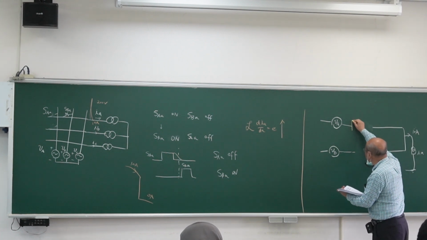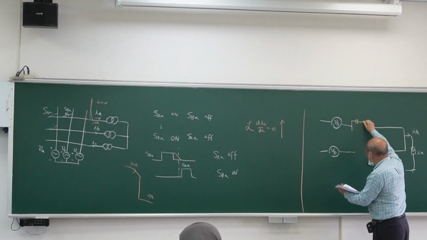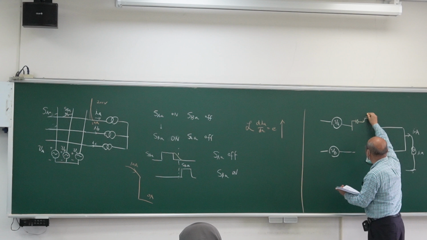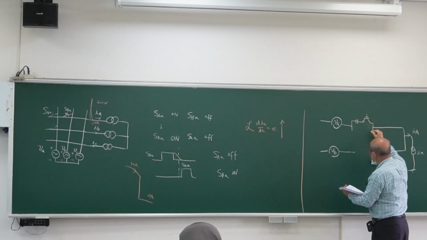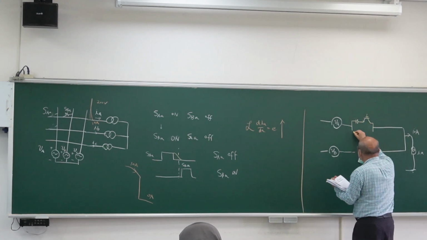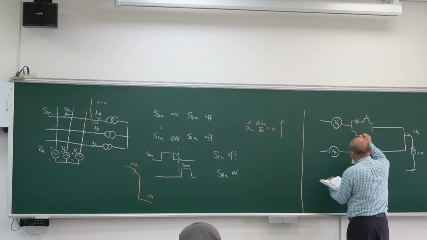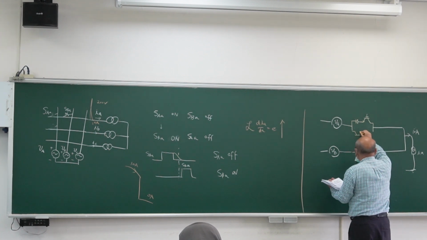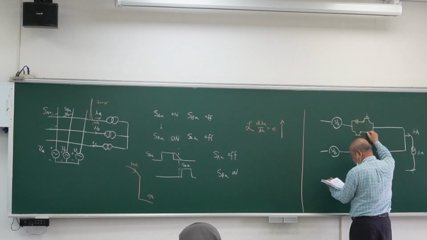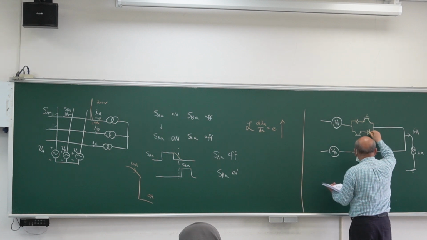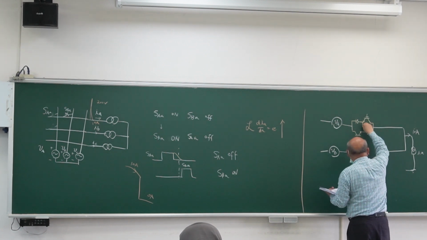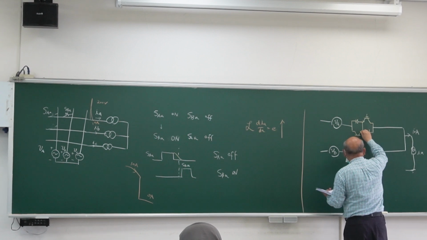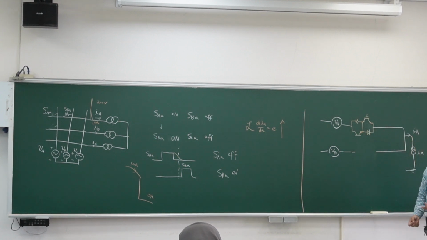So you have to use diode here. You have to use IGBT here. So this is one part. And you have to use IGBT here. You have to use diode here. And then you have a common ground here. So this is AC switch, right?